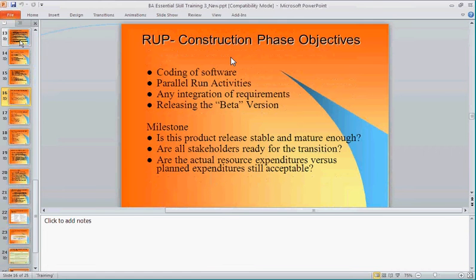So in the construction phase, of course, remember it's more about coding, right? Development. As they do the development, they must also update the design document, the solution design document, correct? So that has to be done. Any integration of requirements. So I may have a user requirement that this has to be super fast, user friendly.